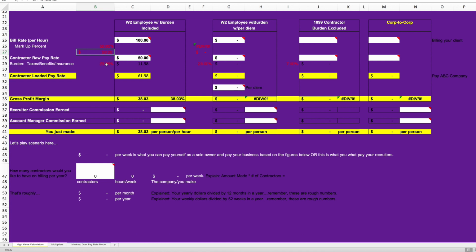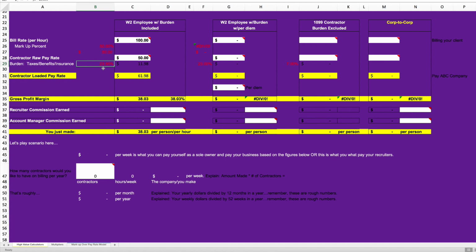And then you have the burden that's included, which is 23.95%, which is typical for everything other than healthcare, and maybe even warehouse. This is a typical number, and this is valid for every place except New York and California.